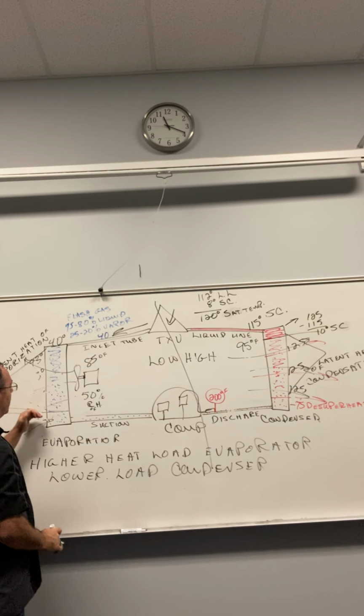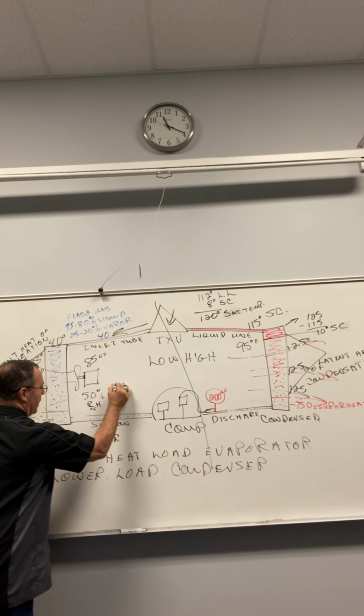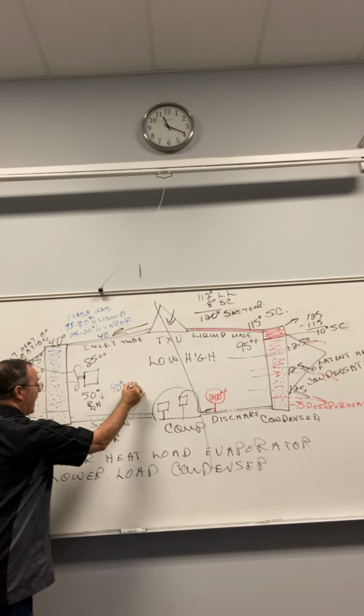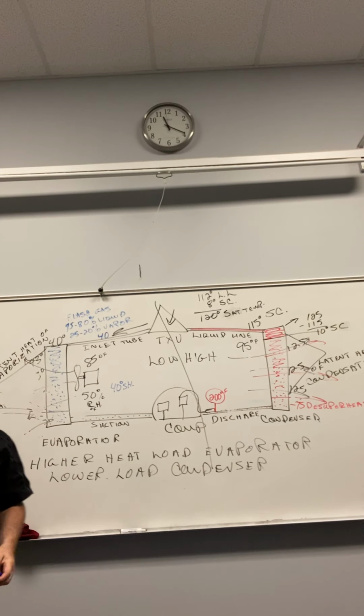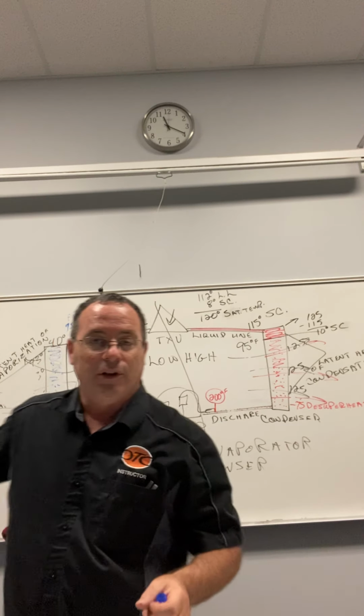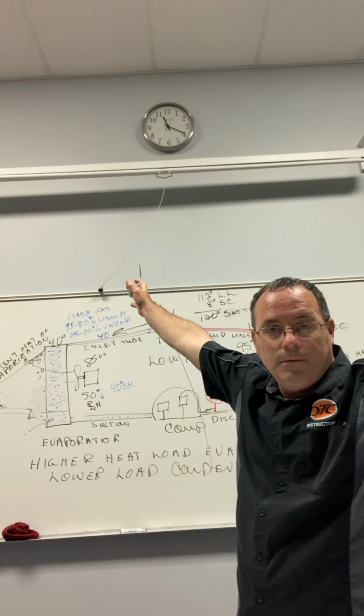So instead of 10 degrees superheat, it might be 40 degrees superheat. And that can happen because you got so much gas in there and it's continually absorbing this higher heat. So whenever you increase the load on your evaporator, your superheat goes up.